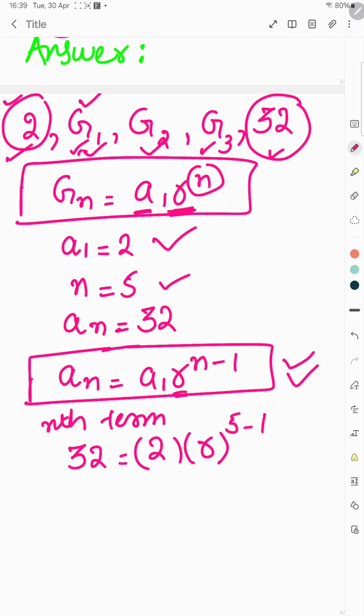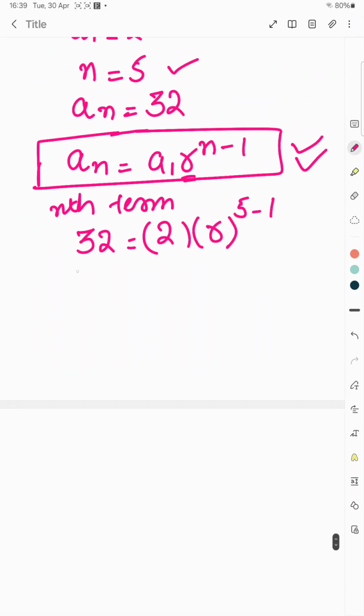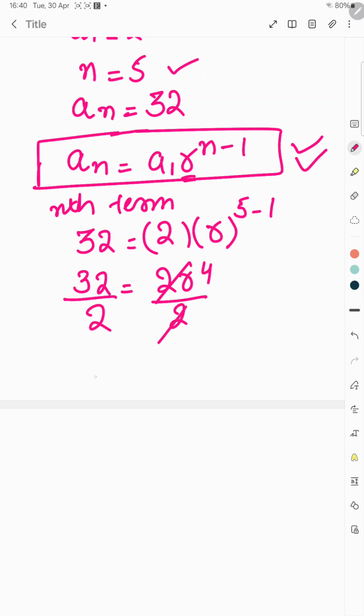Okay student, now just solve it. 32 is equal to 2r^4. Now I divide by 2 on both sides and I get r^4 is equal to 16.